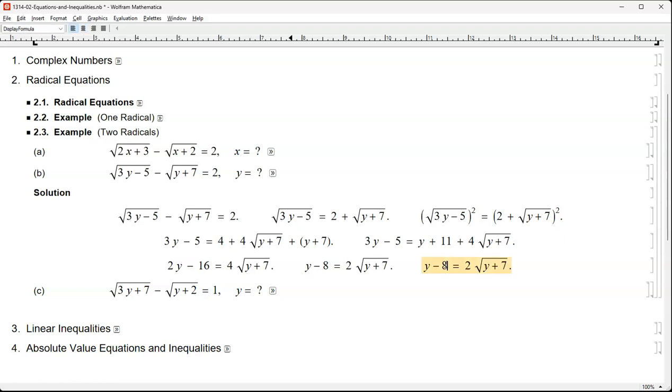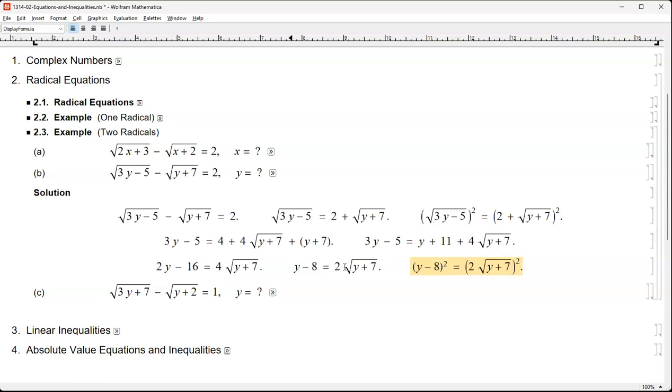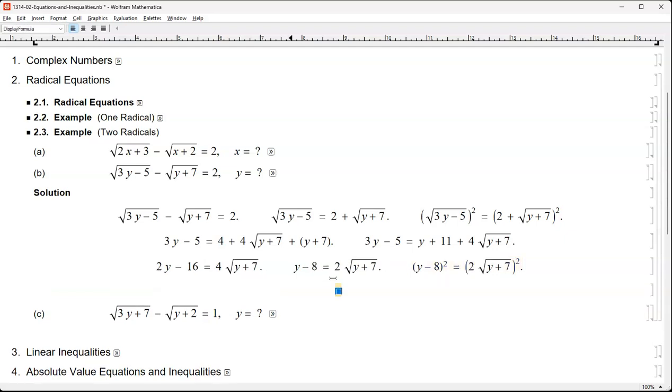So we have y minus 8 squared, and then this thing squared. To the left we have a complete square: y squared minus 16y plus 8 squared is 64. To the right, 4 times y plus 7.